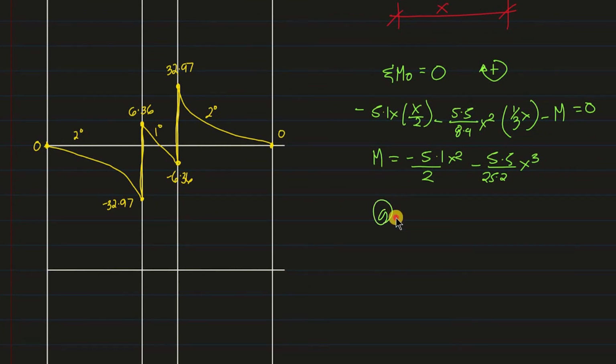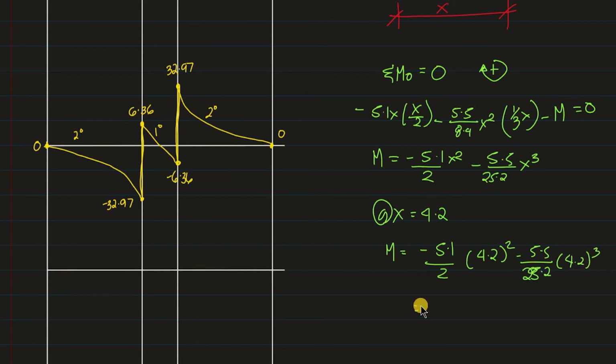So, at B, x is equal to 4.2, m would be equal to negative 5.1 over 2 times 4.2 squared minus 5.5 over 25.2 times 4.2 cubed. So, calculate na lang natin yan. Therefore, our answer here, mga bis, ay equal sa negative 61.152. So, round off natin yan, negative 61.15 kilonewtons meter.